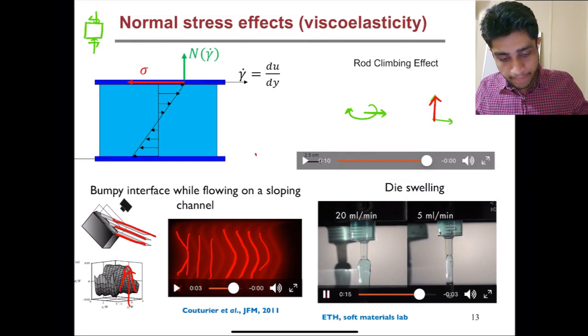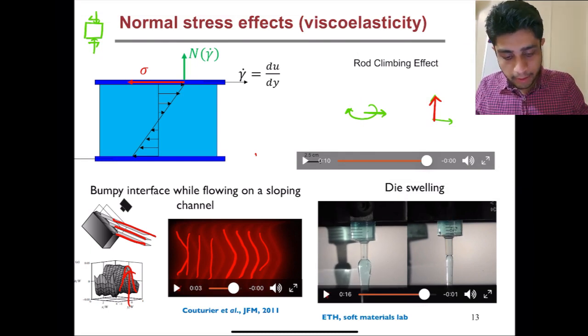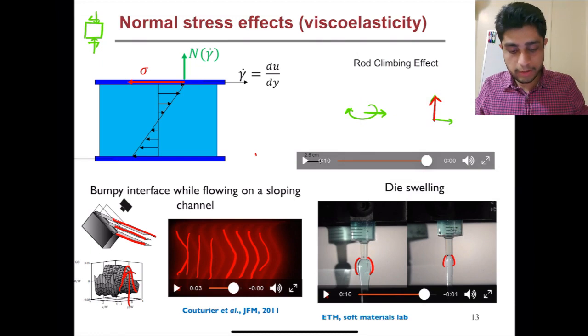A high concentration polymer has a bigger swelling compared to a low concentration polymer, which has a small swelling.